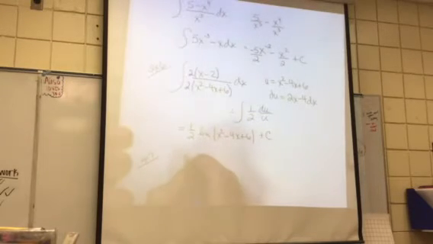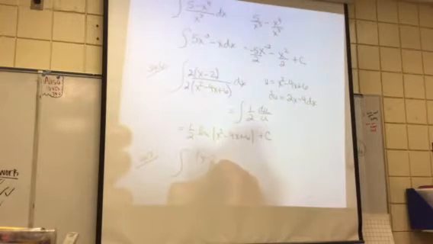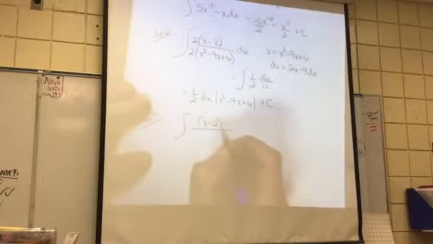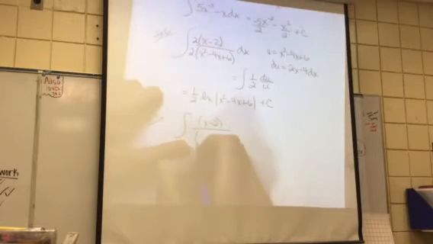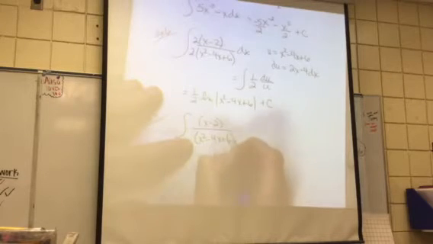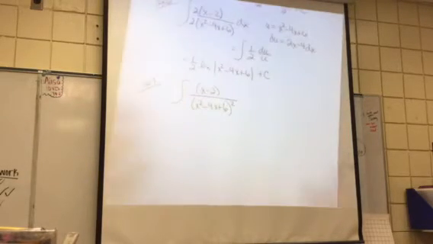Now let's change it up just a little bit. How about if I keep the numerator as x minus 2, and set the denominator as x squared minus 4x plus 6, all quantity squared. So what would you think about for your u?